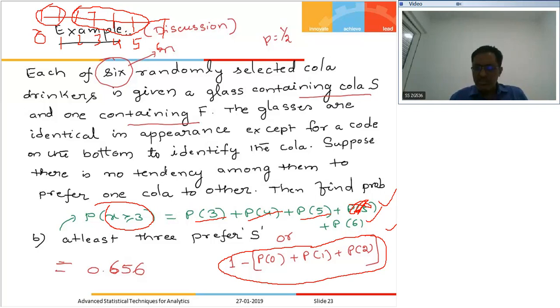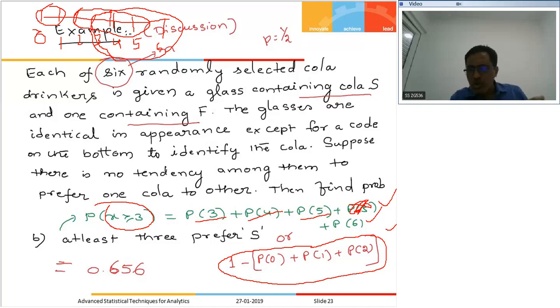Now it is clear. I missed 0. Now for the probability of greater than or equal to 3, from 3 onwards we have to take: 3, 4, 5, 6. So probability of 3 plus 4 plus 5 plus 6 we can calculate.